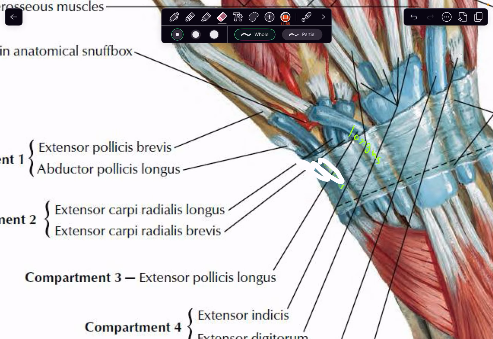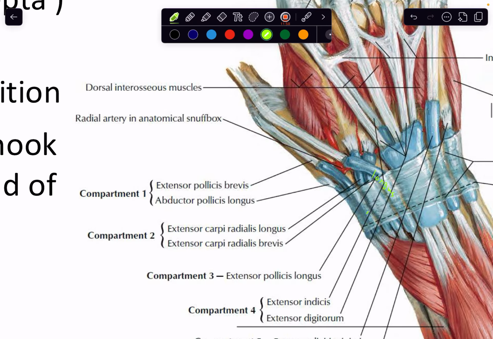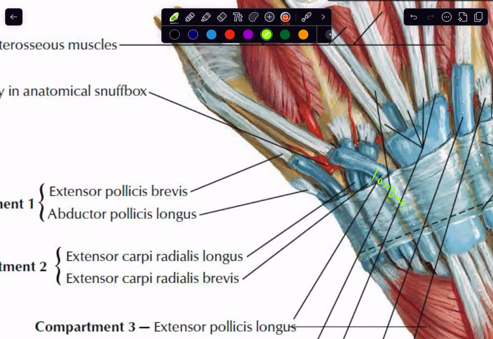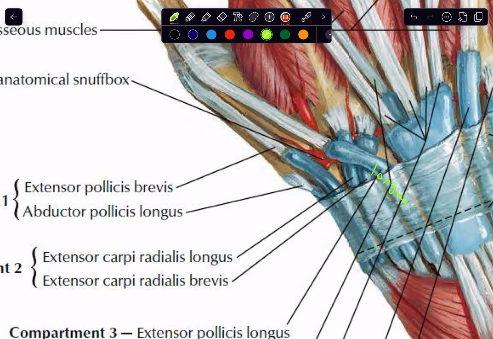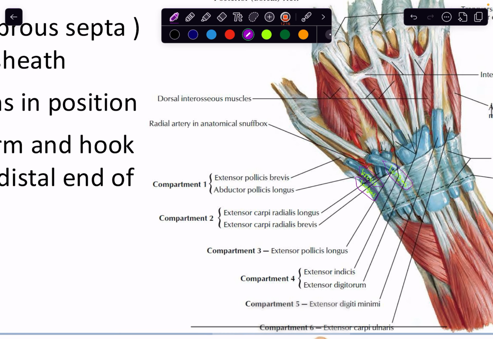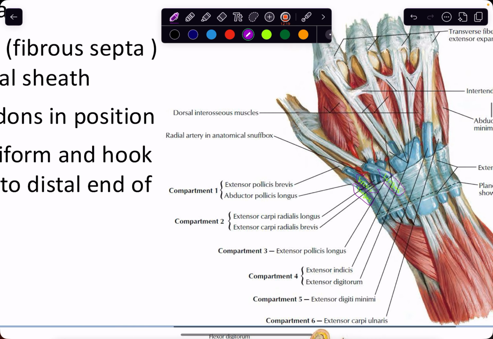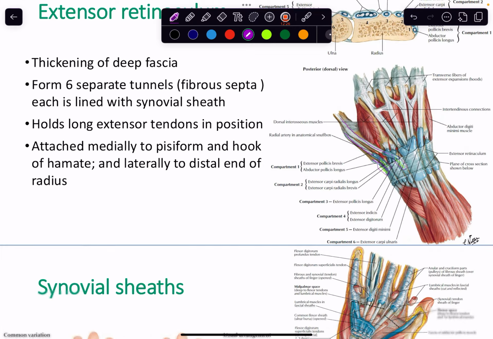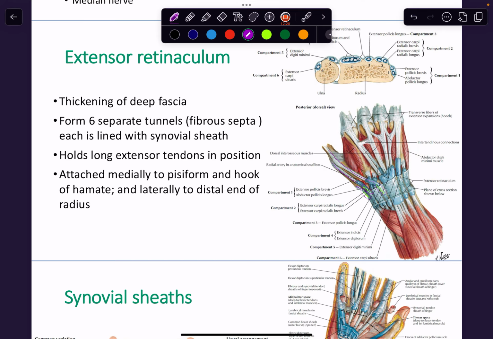Then comes the brevis, which attaches to the proximal phalanx. Then the third one, at the base, is abductor pollicis longus. So longus, brevis, longus. These are the snuff box boundaries.